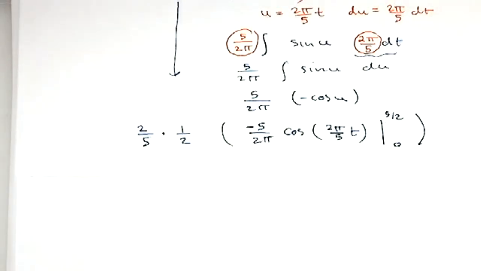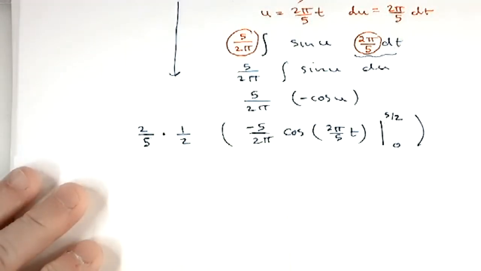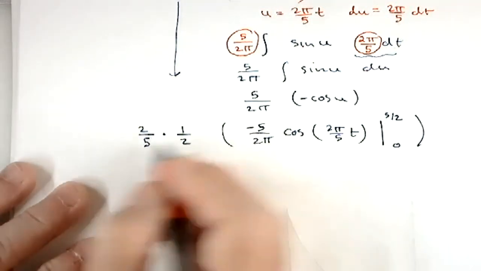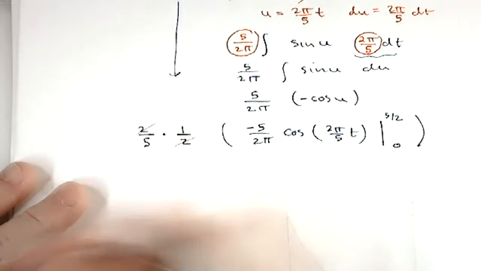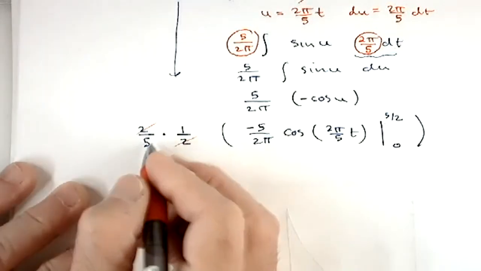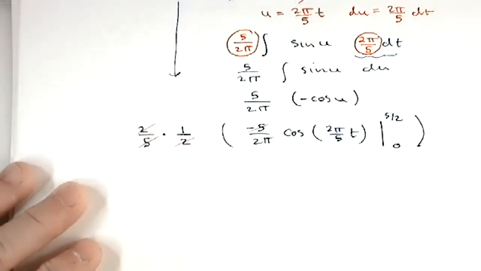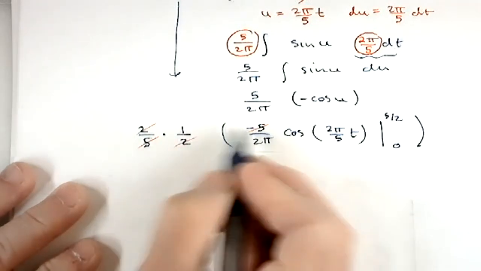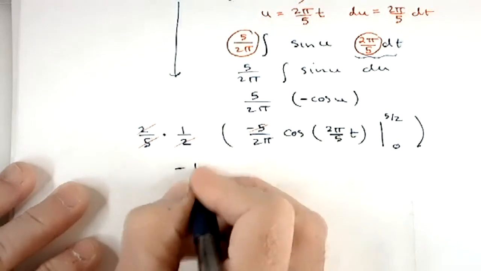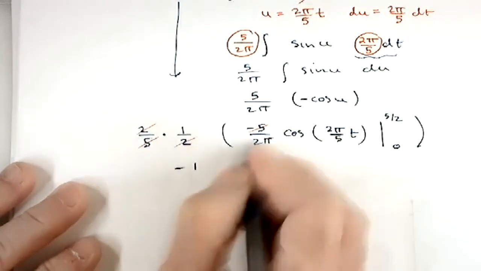I'm just going to use the bottom of this. You can start simplifying things along the way. This would cancel with this. The 5 would cancel with this. So it looks like I'm going to have negative 1 over 2 pi.